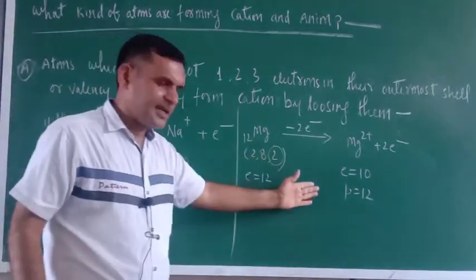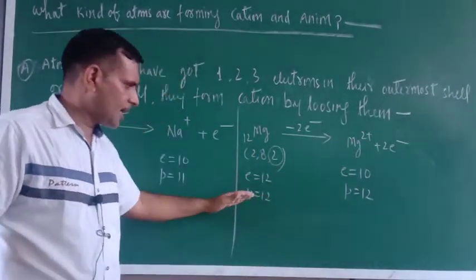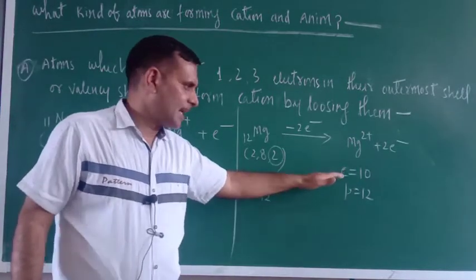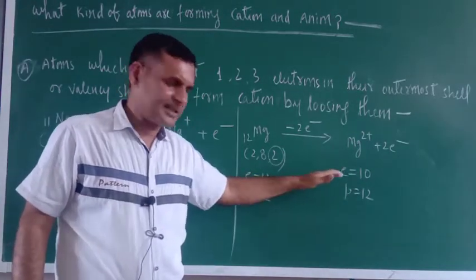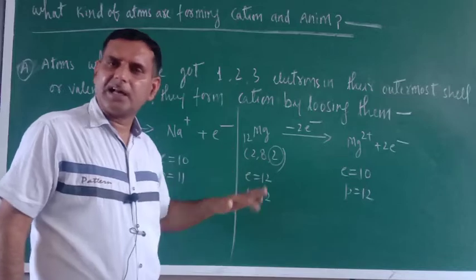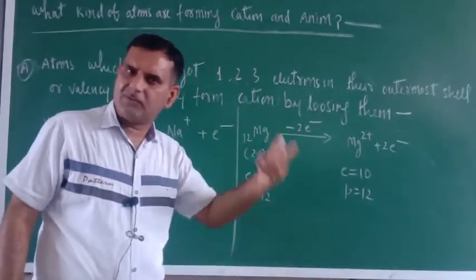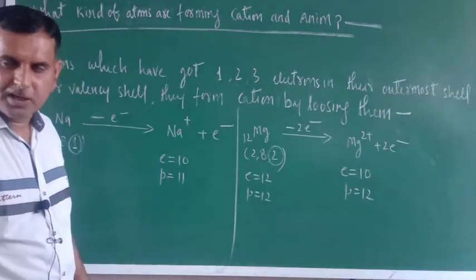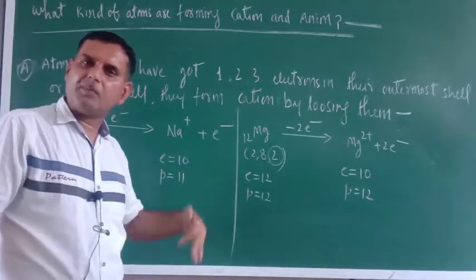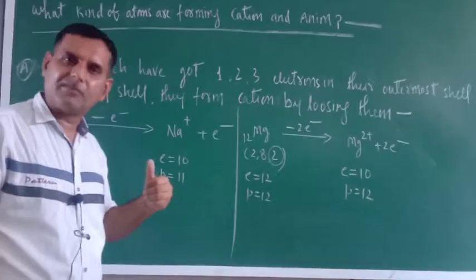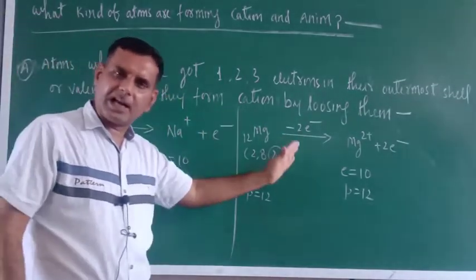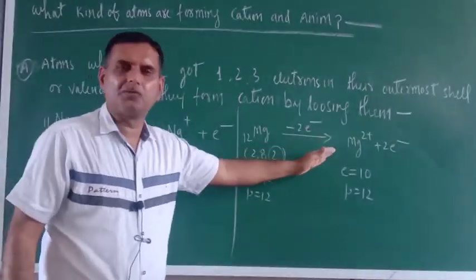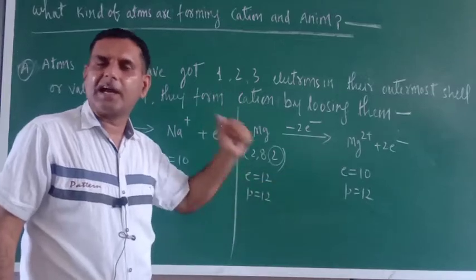Now just see here, the proton is the same, but the electron number is less. So cation is always formed by losing of electrons. Anion is always formed by taking or gaining of electrons. They lose the electron and form a positive ion; that is why they are called cation.